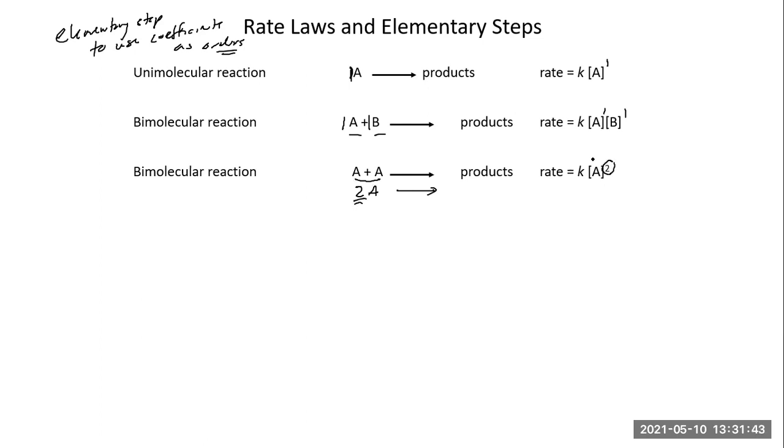So if you remember everywhere else that we talked about in terms of kinetics, when you do regular kinetics problems, you cannot use the coefficient as the orders. But here in elementary steps, we can do that because these are individual steps, and they allow us to use that information to determine whether this mechanism is correct or not.